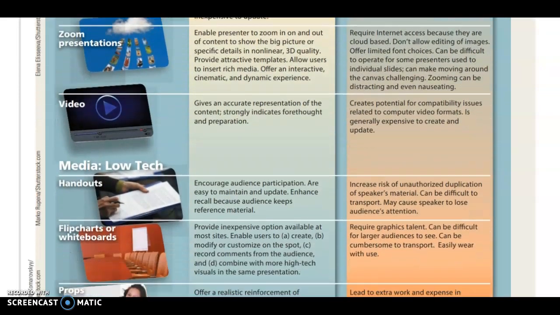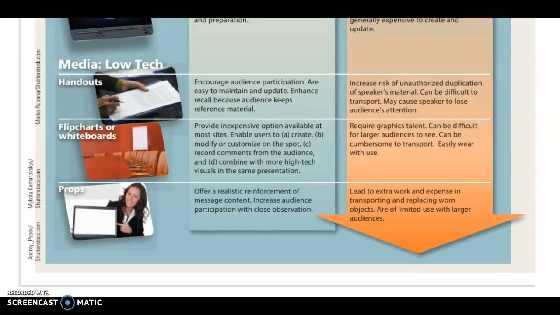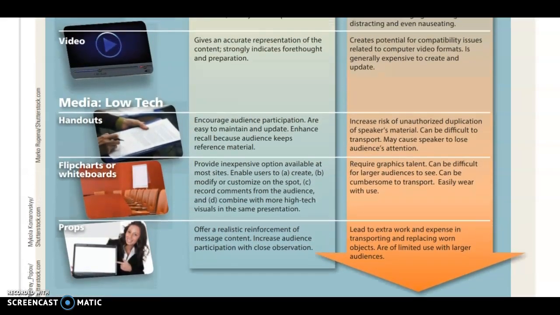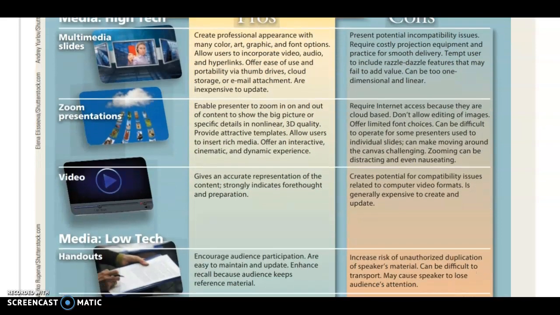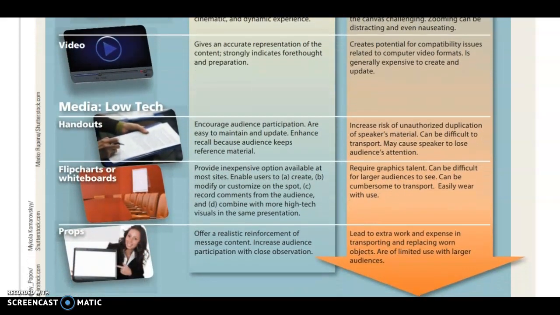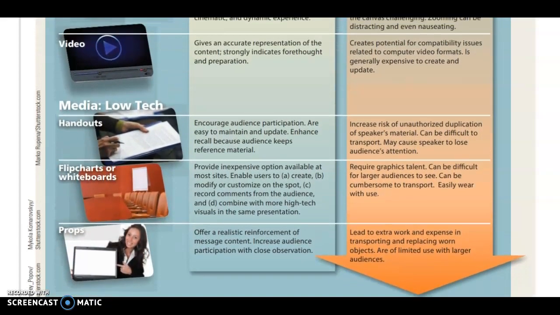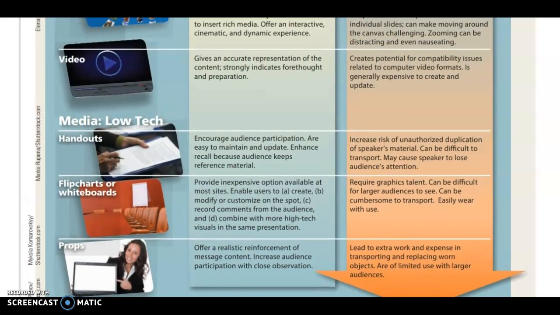And this will help you make a decision about which would be more effective. You can see here that the second column is the pros and the third is the cons. And just read through those. You can see props, flip charts, or whiteboards, handouts.